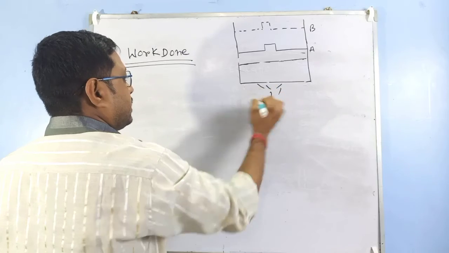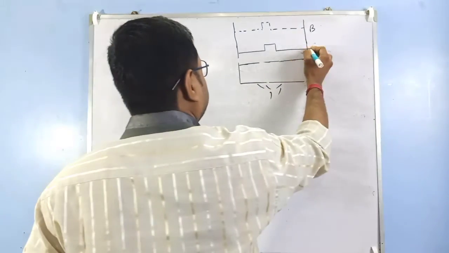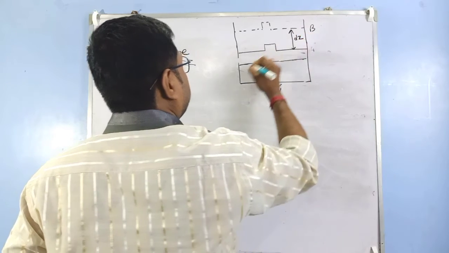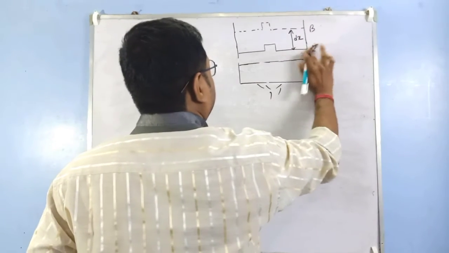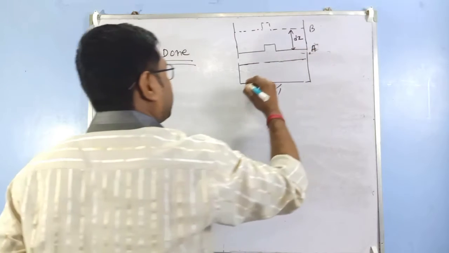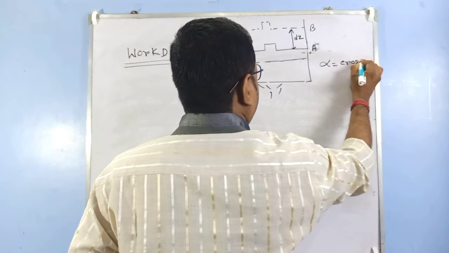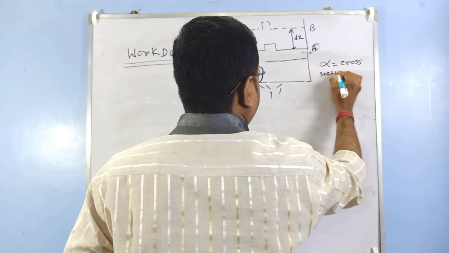If we heat it from outside, it moves from A to B through a small distance dx, and suppose alpha is the cross-sectional area of the piston.